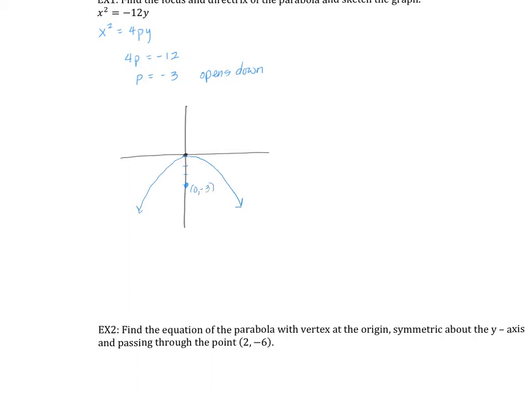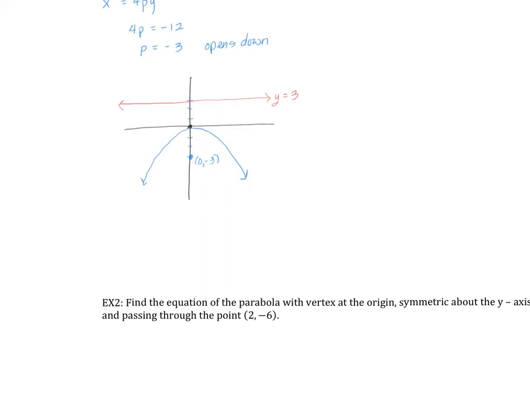then that would mean if we go up 1, 2, 3, then we go ahead and we have our directrix, which is a horizontal line. So the equation is y equal to positive 3. So we found our focus, which is the point 0, negative 3.